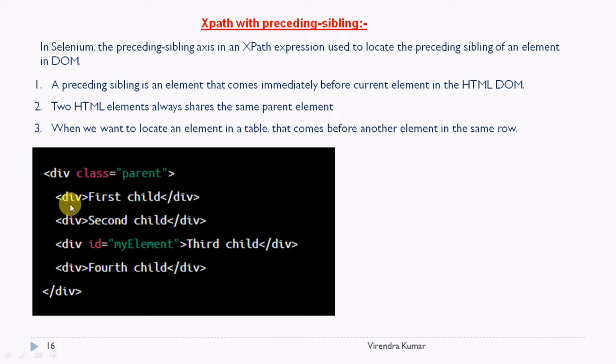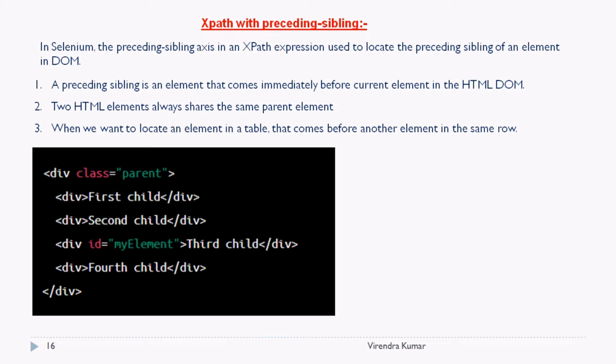So we have four child elements and they are siblings, sharing one parent element. The class parent is the parent element because this is the start of the element and this is the closing of the element. Within this element we have the child elements, and these four child elements are siblings.